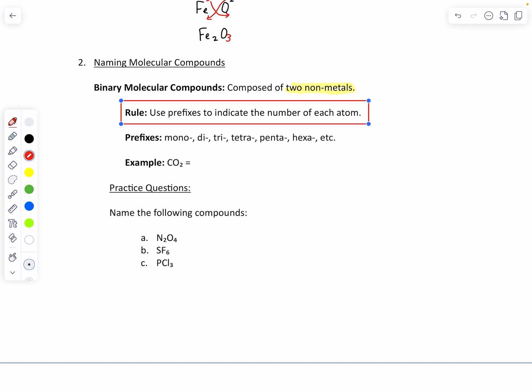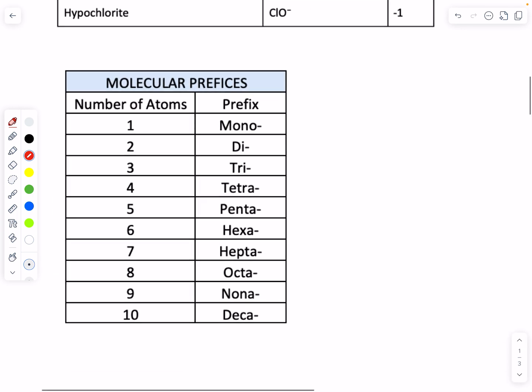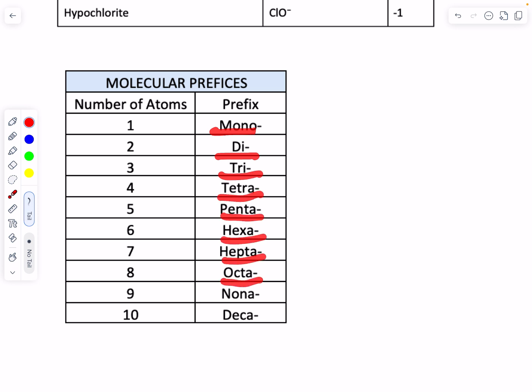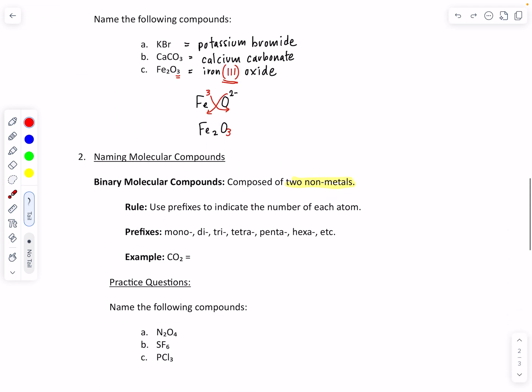For example, in our table of prefixes, 1 is indicated by mono, 2 is di, 3 is tri, tetra, penta, hexa, hepta, octa, nona, and deca. Look back at this table if you need to remember what these prefixes are.